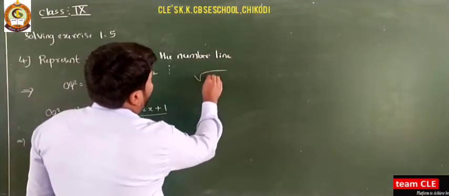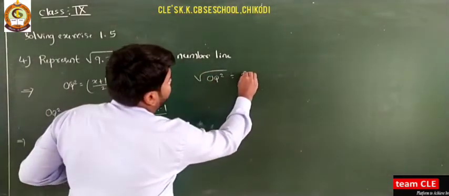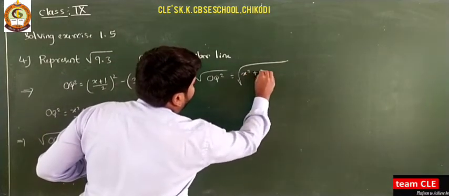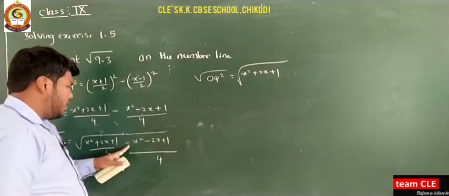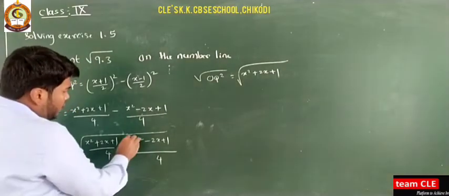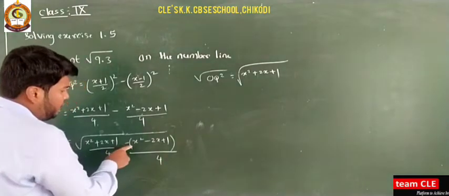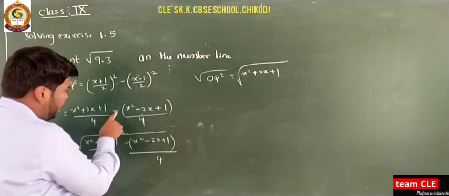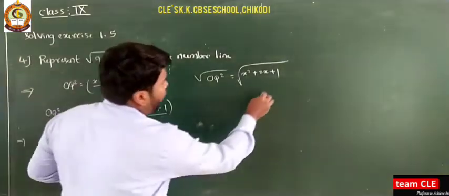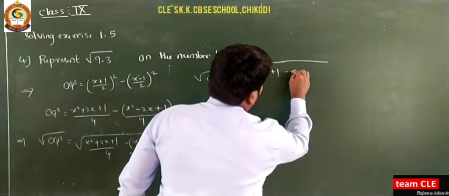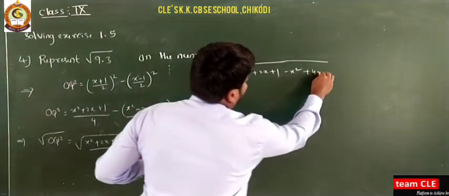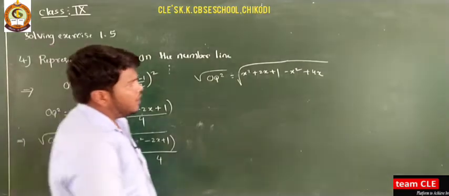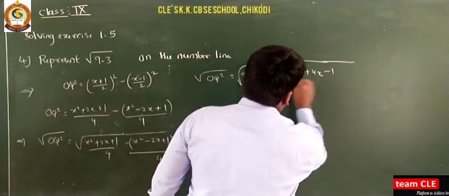So I write OQ square equals x square plus 2x plus 1 as it is. Now minus becomes plus and plus becomes minus, so just multiply the minus sign inside: minus into plus is minus x square, minus into minus is plus 2x, minus into plus is minus 1, whole divided by 4.